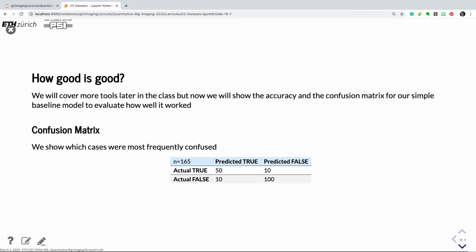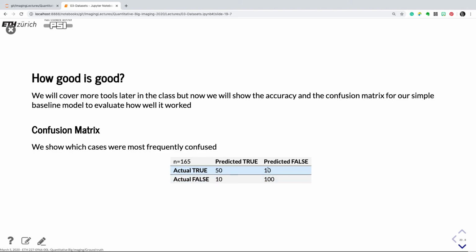And a way to get an idea how good your predictor is, is to use the confusion matrix, which is presented like this. If you have just a true-false matrix, so we have in this case 165 samples, when you have actual true and predicted true, you put the numbers in here.